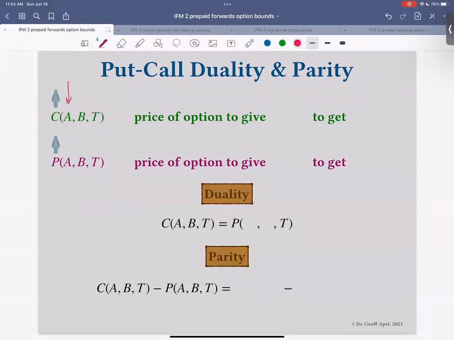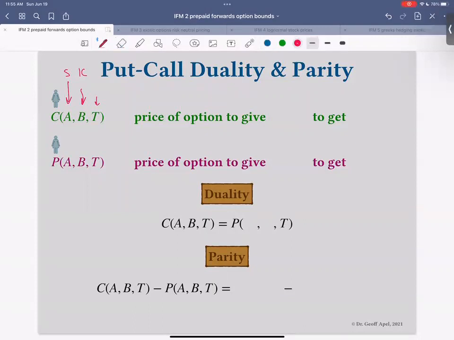Usually the 3 parameters would be the stock, the strike, and time for this expanded way to write it, but sometimes you can use a simplified version, and sometimes we just do C minus P, so we don't even write the strike in there if it's easy enough. But okay, we have this here.